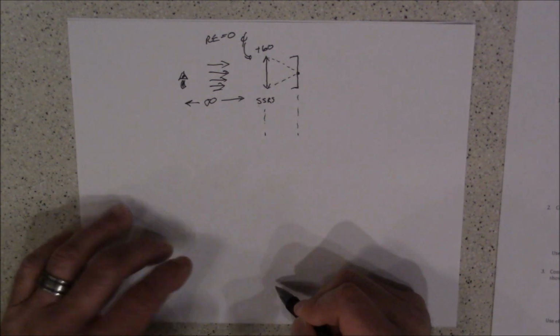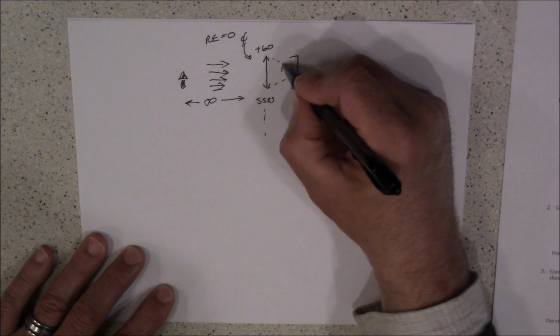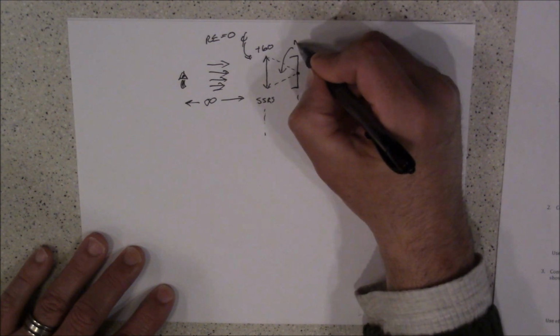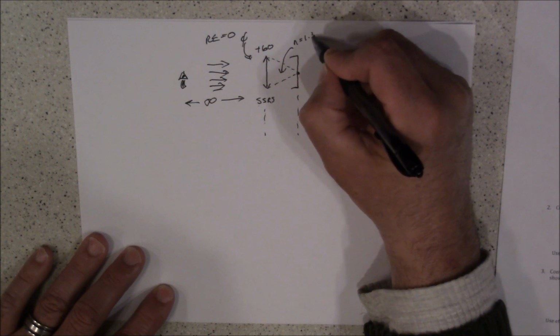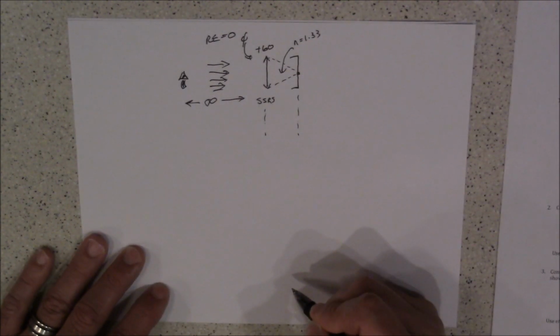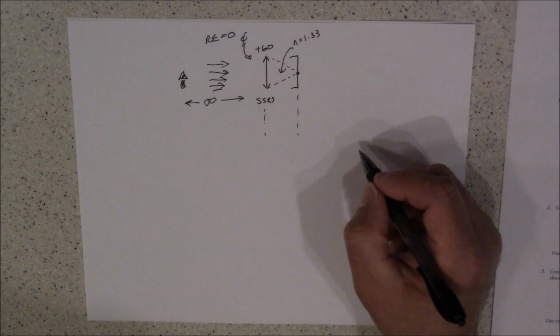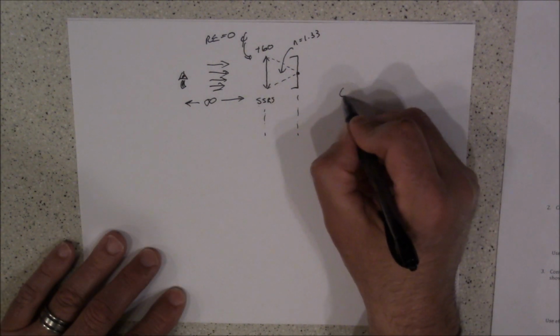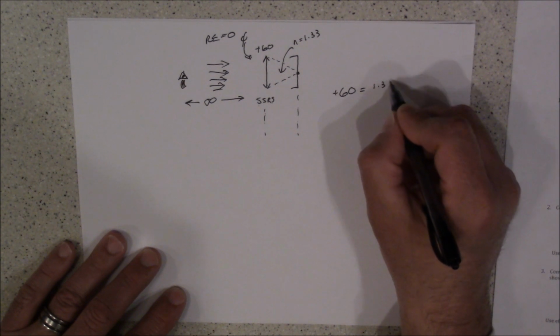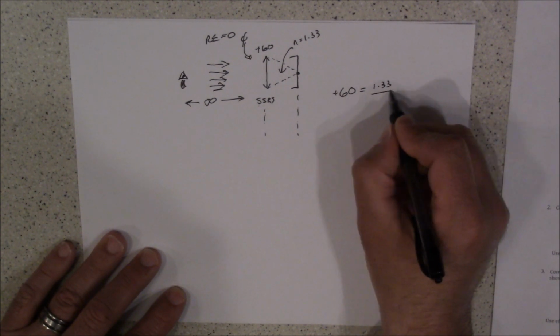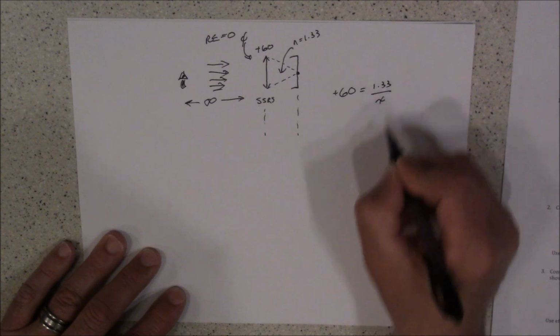If that was true, we could figure out what the distance was between here and here. In the model eye we're talking about, the inside of this eye is filled with a homogeneous index of refraction, which is going to be that of water, so 1.33. What I want is that power to be equal to the index of refraction divided by the axial length.